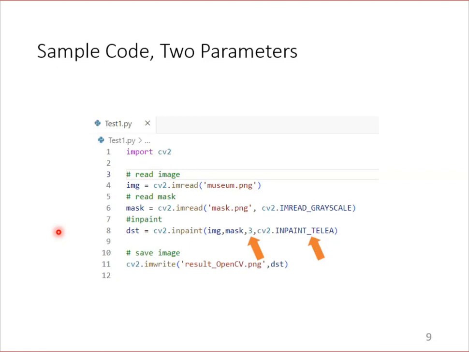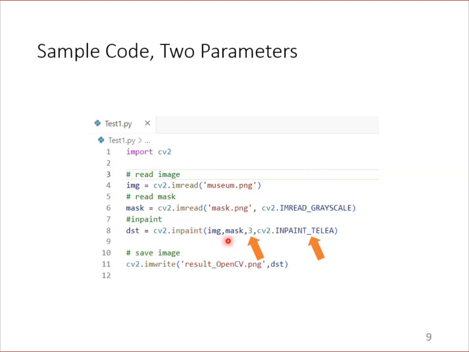Then my fourth line is cv2.imread. So I read the photo, and then I read the mask on line 6. Then I use the inpaint function here.